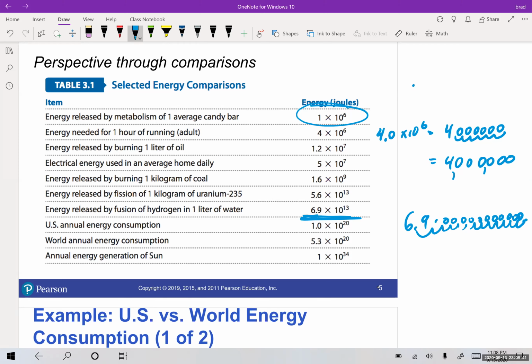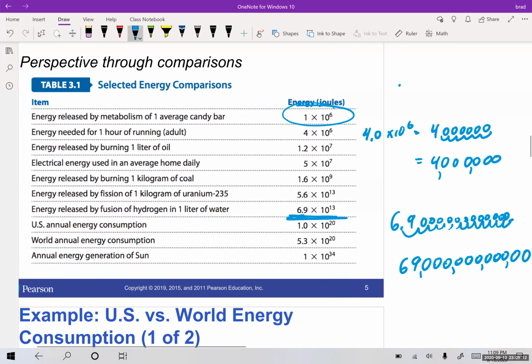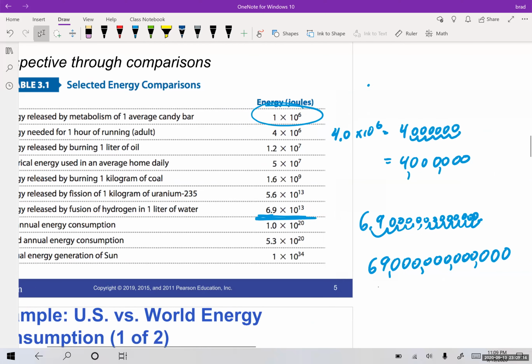So what this is trying to show you is if you were to write this out, I don't even actually know how to pronounce this number. So this is thousands, millions, billions, okay, it's trillions. So 69 trillion joules are released.